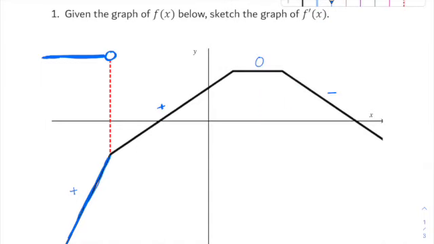All right, so now let's draw the next portion here. So on f, we have that next piece is another line segment with a positive slope. So we're going to draw another positive constant, another horizontal line above the x-axis, but it certainly should be lower than the one I've already drawn.